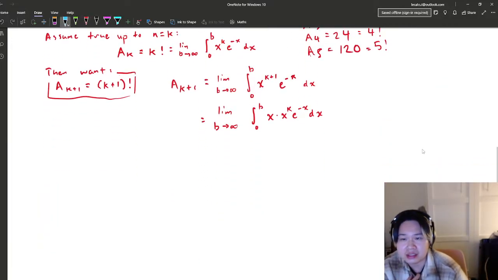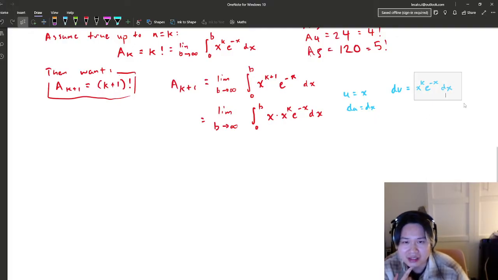And so I'm going to let u be x, and then this means that du is going to be dx, and then I'm going to have dv be x to the power of k e to the negative x dx. And then I have to integrate this, right?